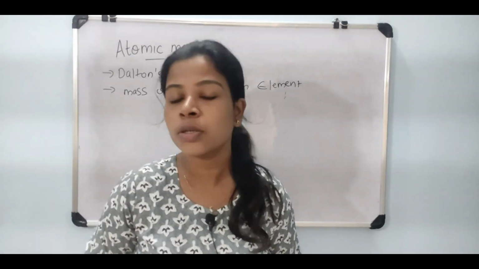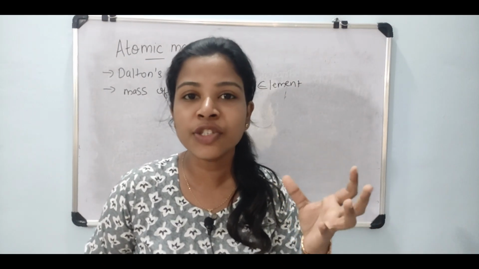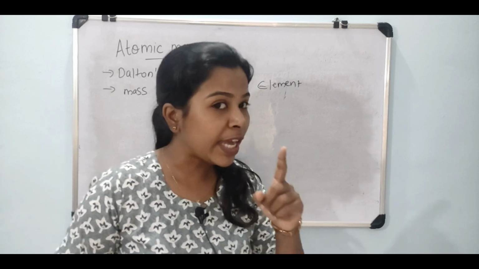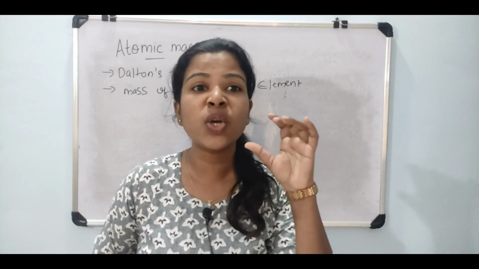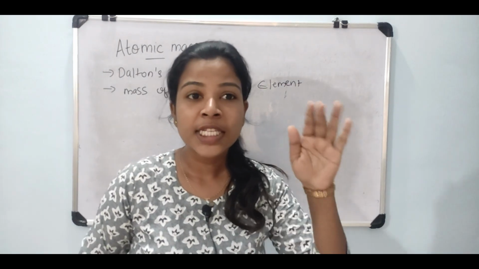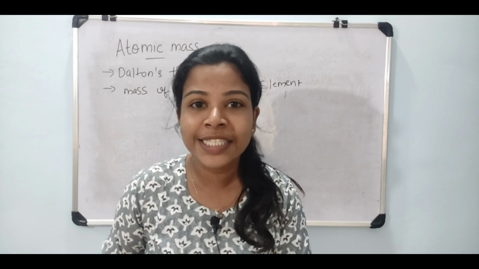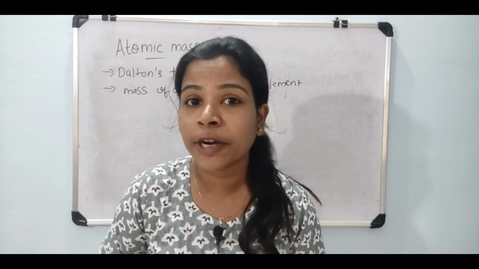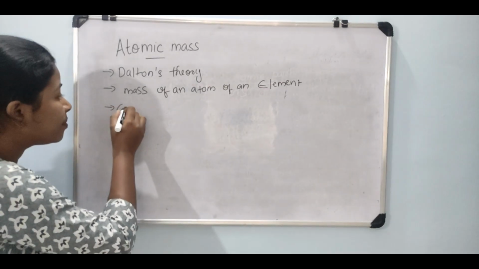No. You will use measuring stones, a weighing scale, which means for measuring different things, a particular reference is taken. Similarly, to measure atomic masses, the reference taken was the carbon 12 atom.